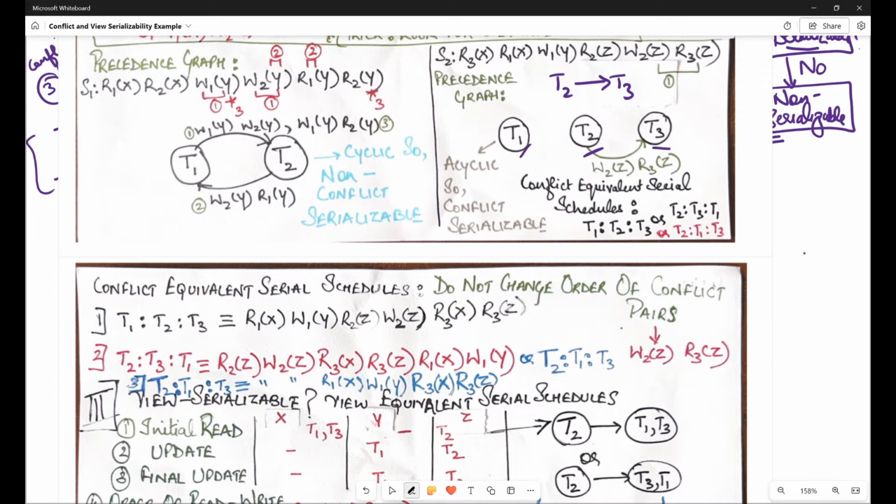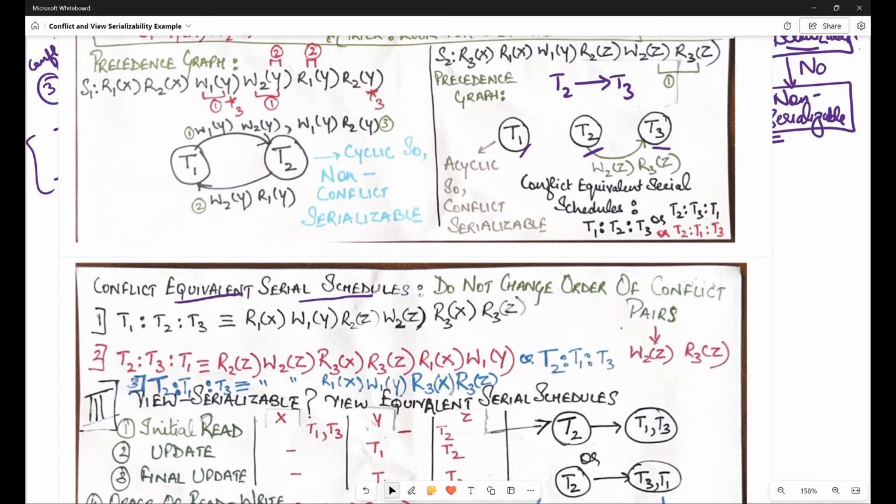Let's also verify by actually adjusting the operations we had, because the important condition to form a conflict equivalent serial schedule is what? Do not change the order of conflict pairs. The only necessary condition is that we cannot change the order of conflict pairs.